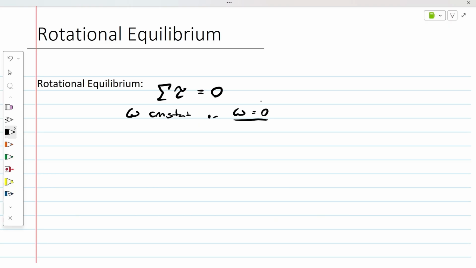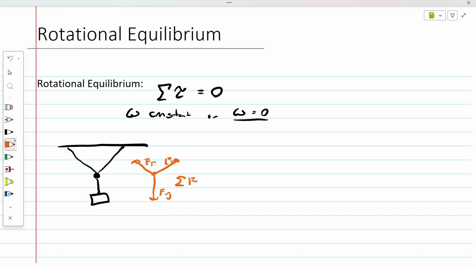And so we kind of saw something similar when we did force balances, where if we had an object, let's say, connected to some wires, and it was holding some mass, if this wasn't moving, we could draw a force diagram that was balanced, and there would be no motion, and the sum of the forces would be equal, right? But in this case, we have where the torques equal 0.